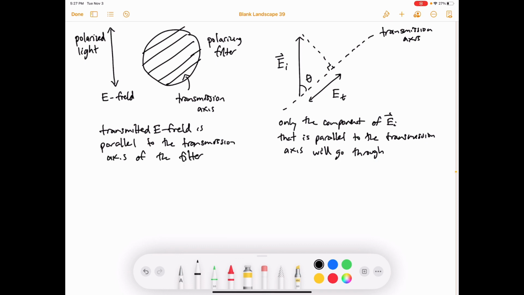That's just another way of saying once the light wave comes out of the filter, it's polarized along the axis of the filter.